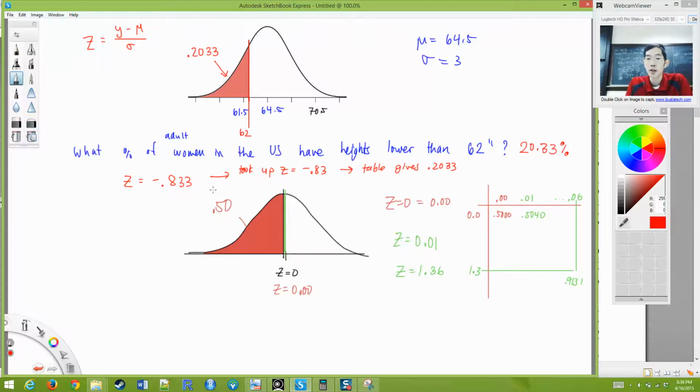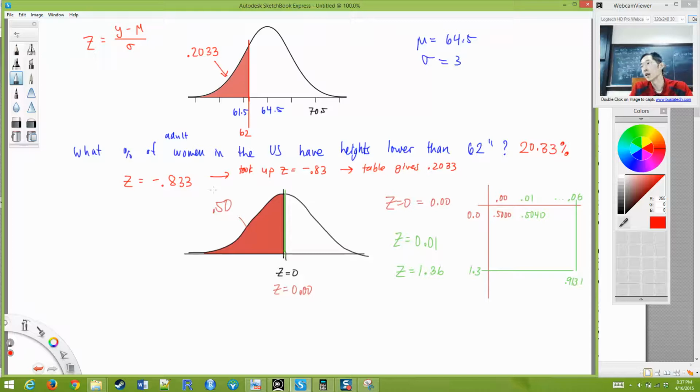Okay. Yes? Are there negative and positive 0 because it's a limit? No, it's just the design of the table. Okay. The table goes to negative 3.49 and positive 3.49, and at that you have 0.0002, or 0.9998.